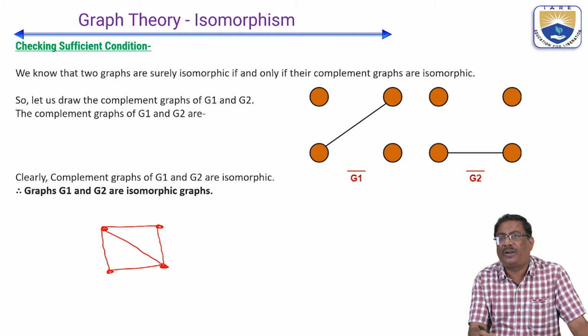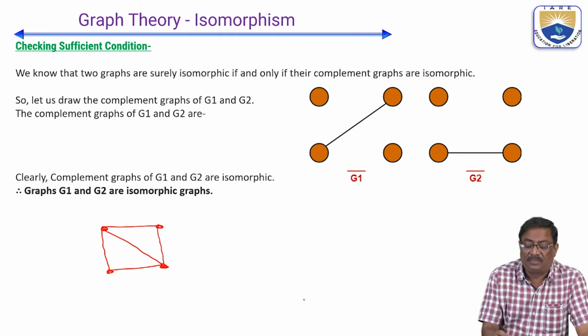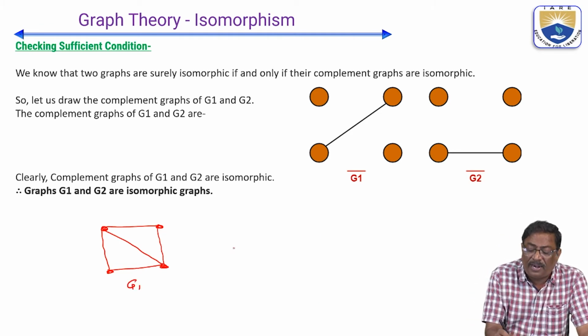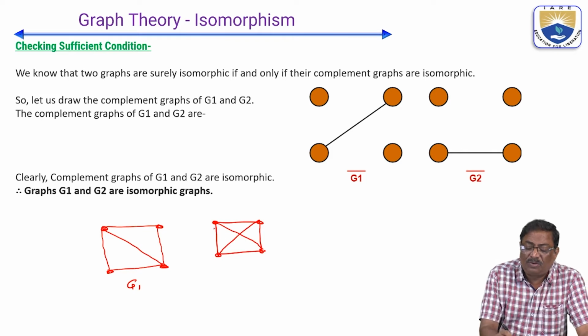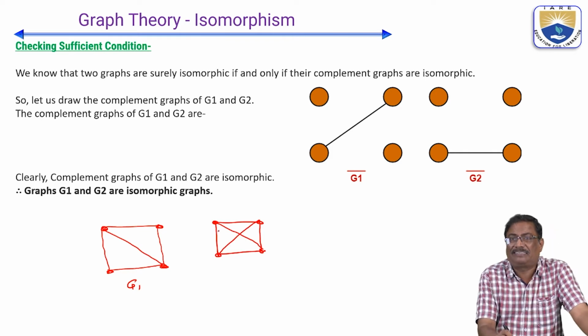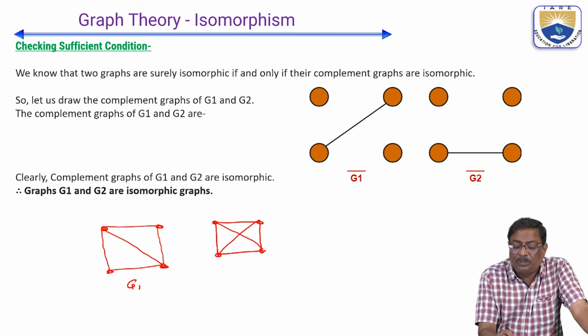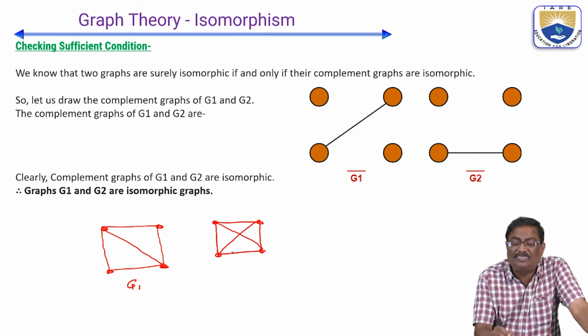Now, we are going to find out what the G1 complement is. This is the complete graph with 4 vertices, so from any vertex there are edges connecting to the 2 other vertices. So, this is a complete graph.